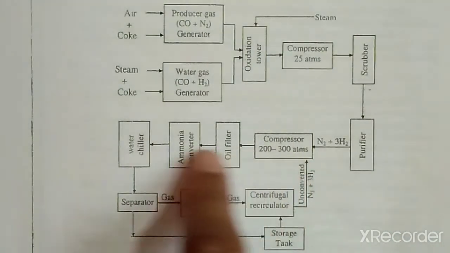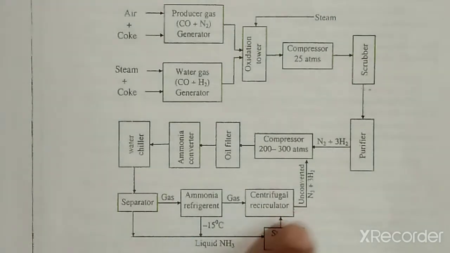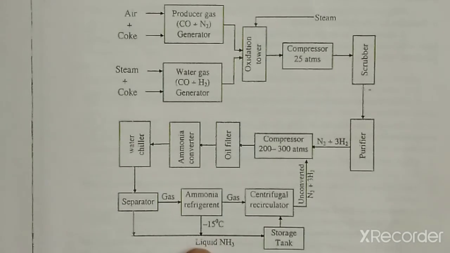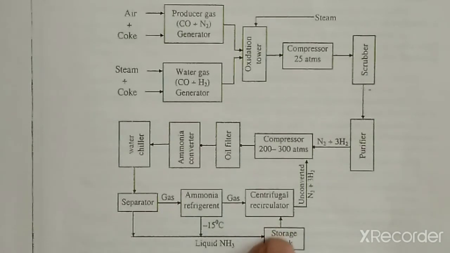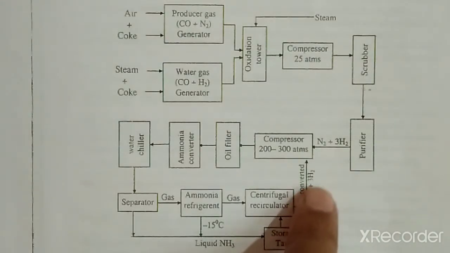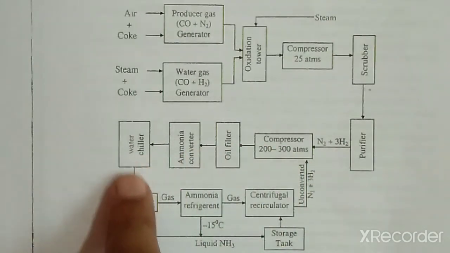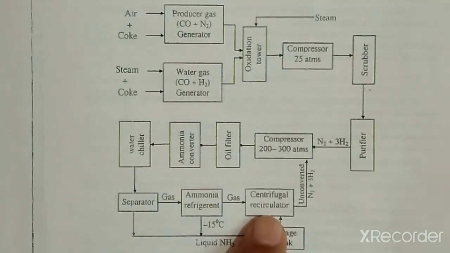This reaction is completely cycled to form ammonia again, and in the ammonia refrigerant at a temperature of -55 degrees centigrade, liquid ammonia is formed, which is then stored in a storage tank. The unwanted nitrogen and hydrogen from the centrifugal recirculator are passed again through the compressor and converted into useful ammonia.